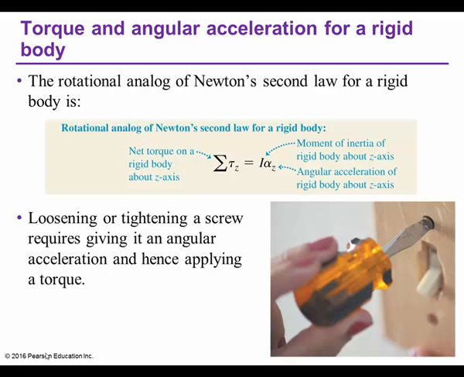And you say, well, where does this moment of inertia come from? Well, it all depends on the shape and the dimensions, the characteristics, I guess you could say, of your rigid body. And where do you get that? If you go back, I believe in chapter 9, there were like 12 different equations to find the moment of inertia. So you have to use the correct equation.